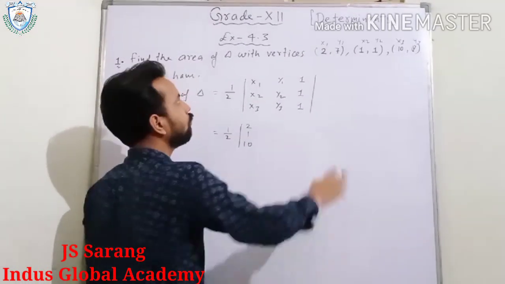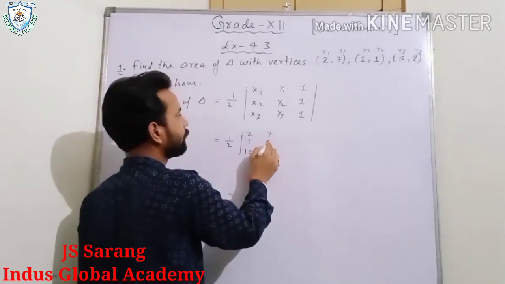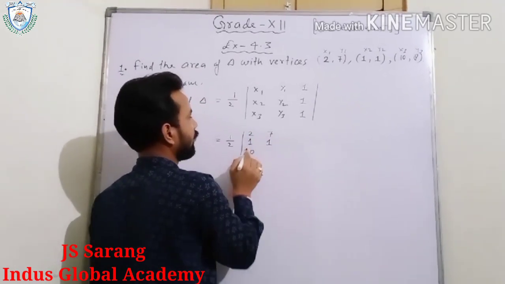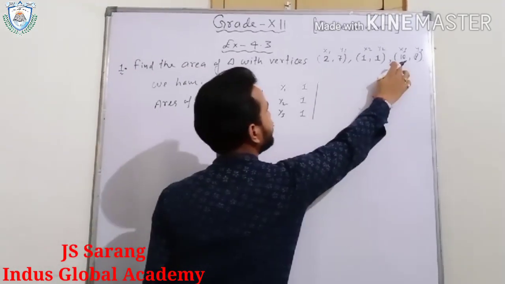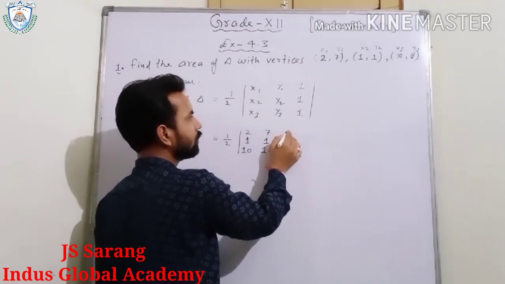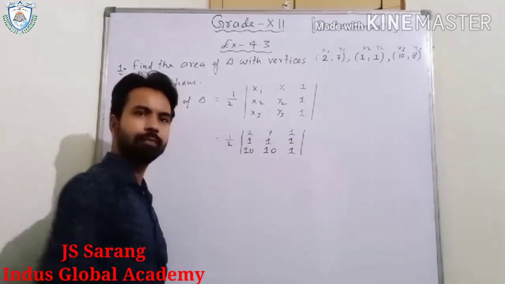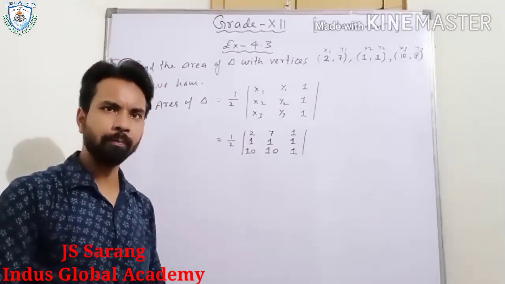Now y1 is 7, y2 is 1, and y3 is 10. In the third column, we put 1, 1 and 1. Hope it is clear to everyone.